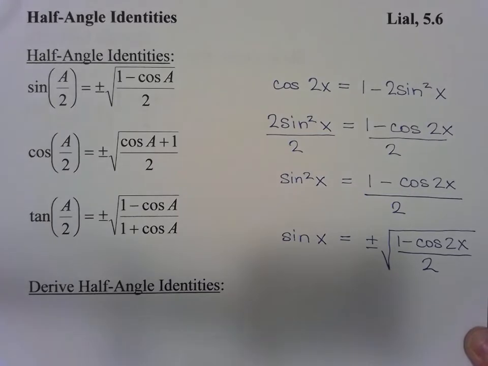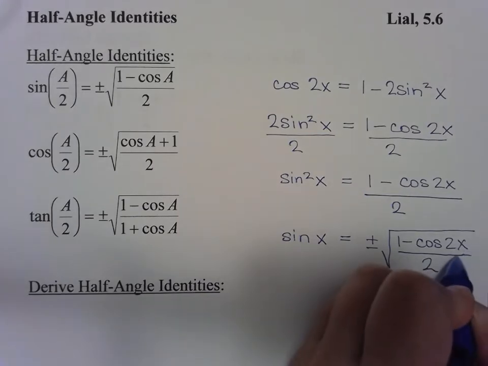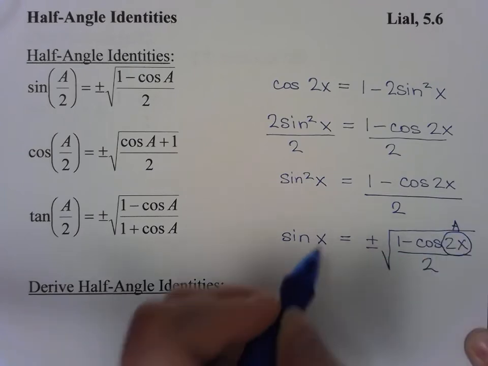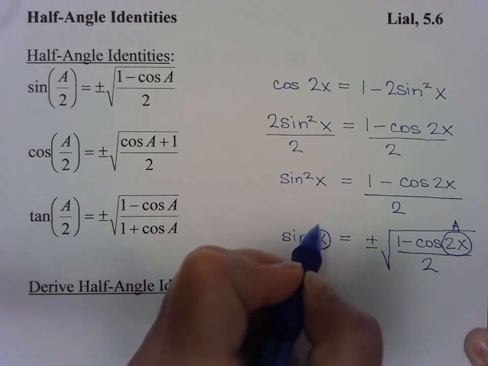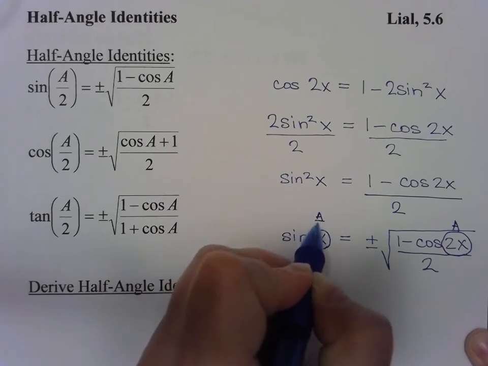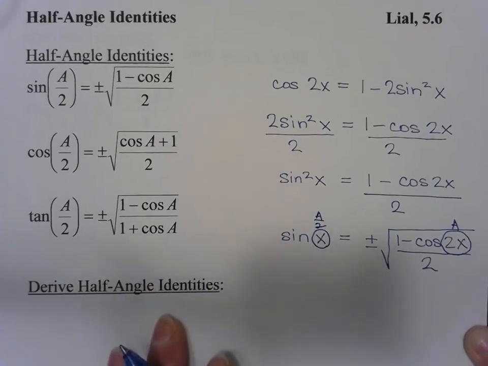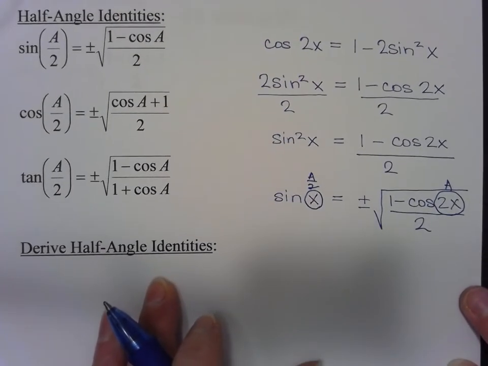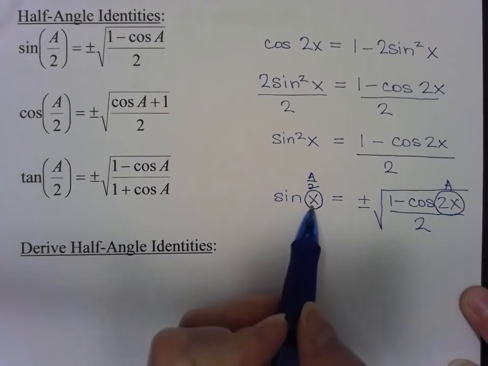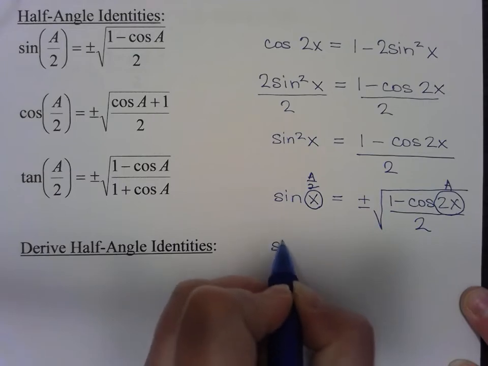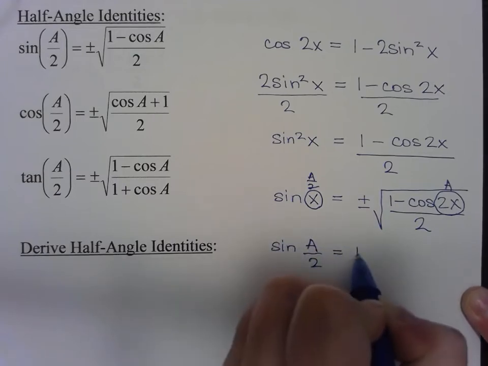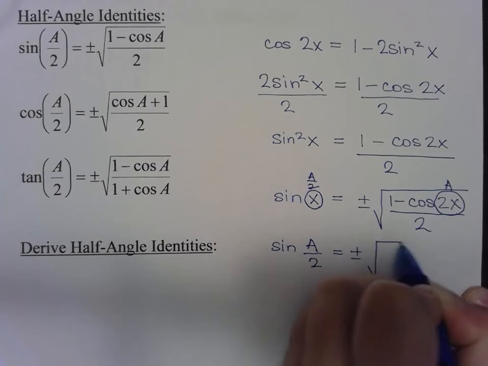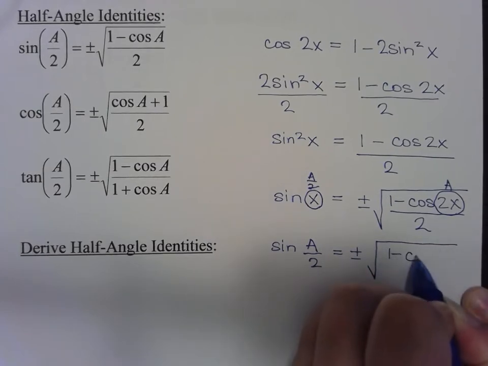Okay, and from this point, we're going to allow 2x to be angle A. And if that's A, then this must be half of A, or A over 2. So I'm not changing the relationship at all. This is still double of what this was. I'm just labeling it differently now to match the format of the half angle identity.